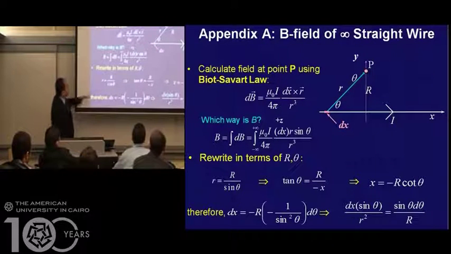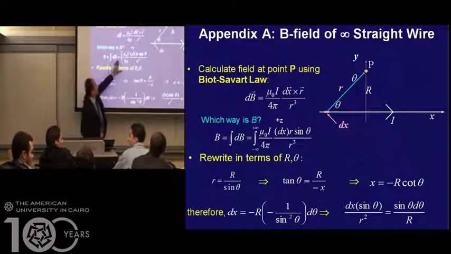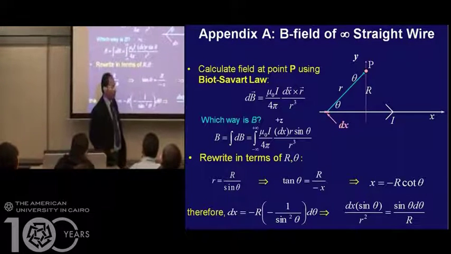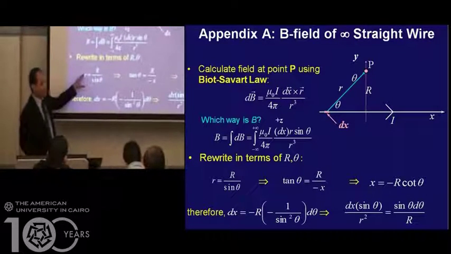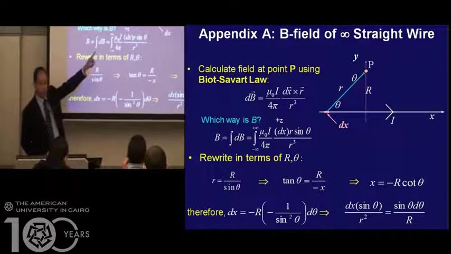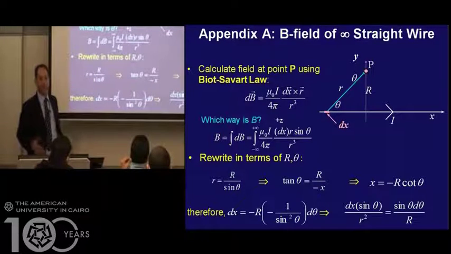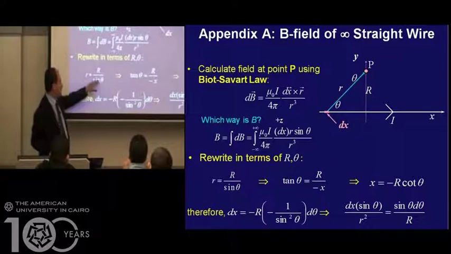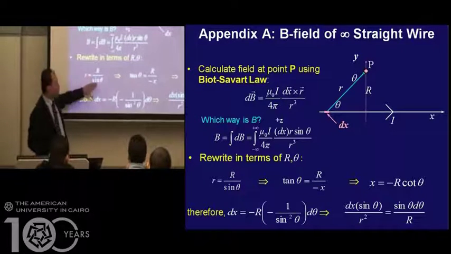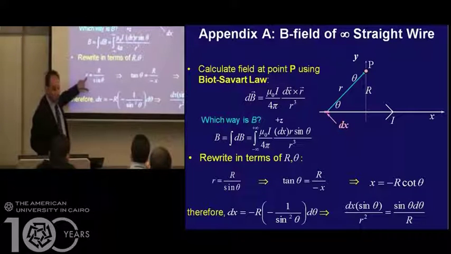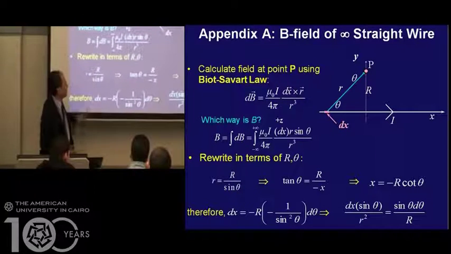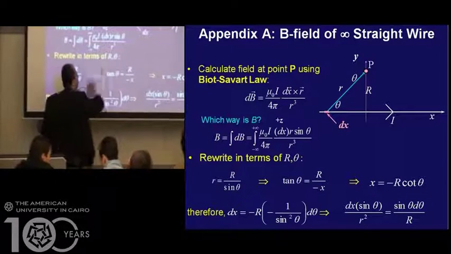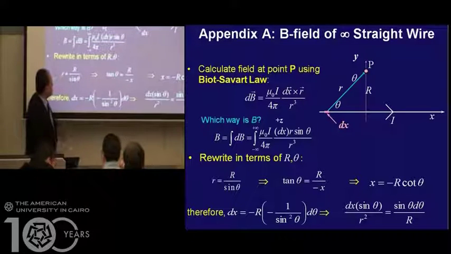So we said that we're going to do that integration somehow. I said that r simply is capital R from the geometry, capital R over sine theta. Am I right? Sine theta equals r over capital R, so I'm going to replace small r by capital R divided by sine theta. Each time I see small r, I remove it and put capital R over sine theta.